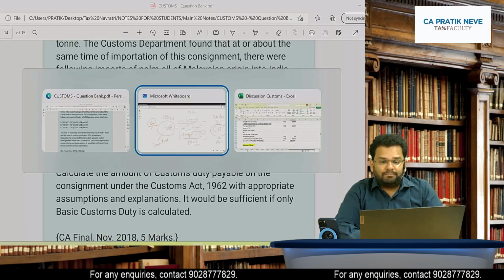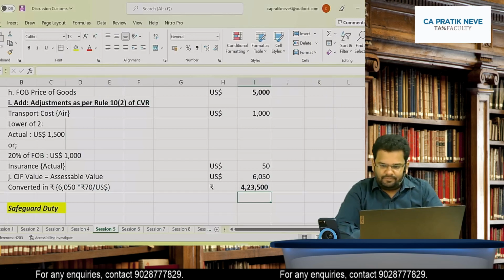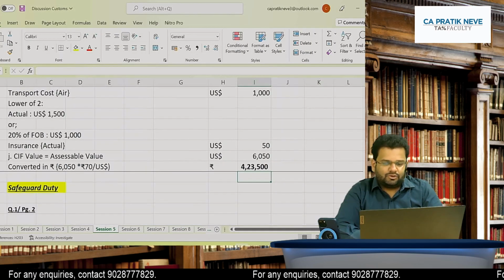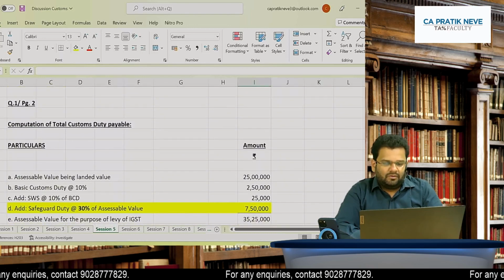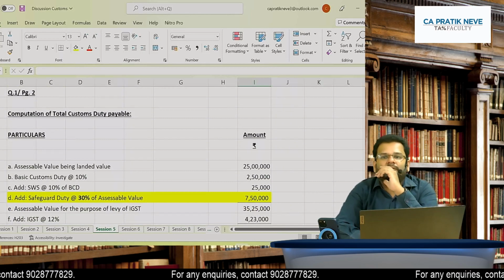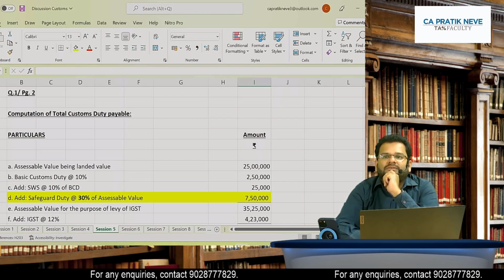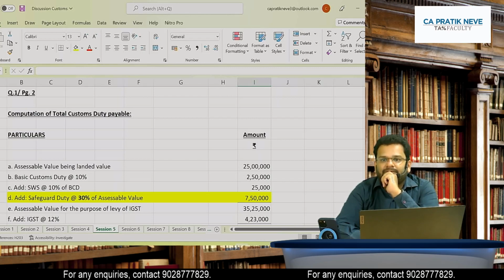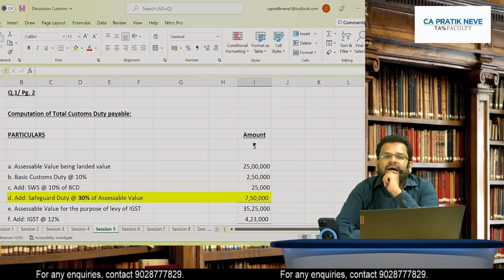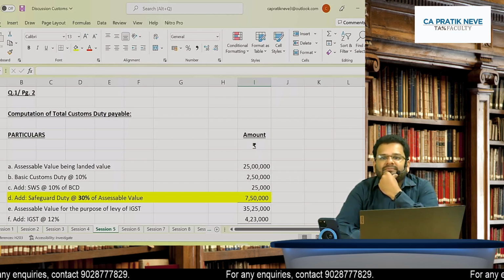What is anti-dumping duty? Or first, let's do safeguard duty. What is safeguard duty? Okay. Unnecessarily, goods are imported from certain country. What happens because of that? Indian manufacturer will be in trouble.